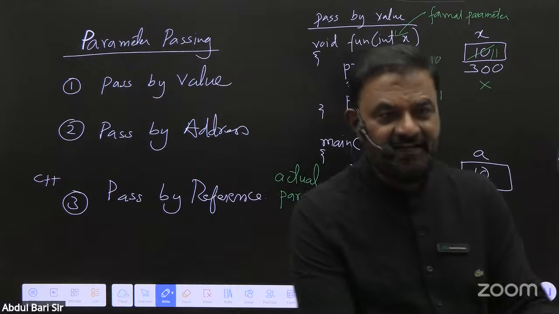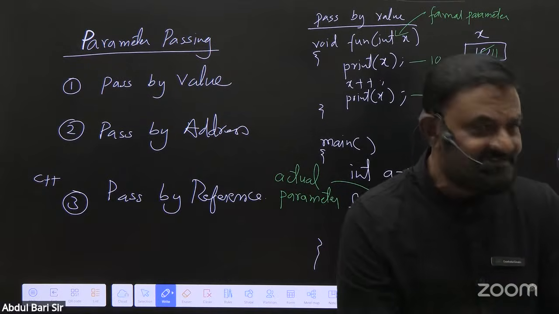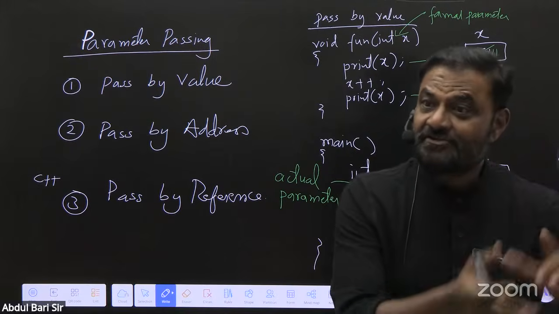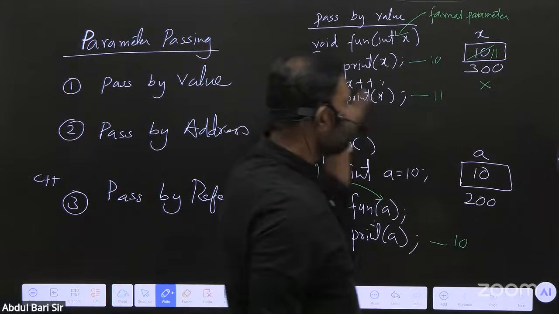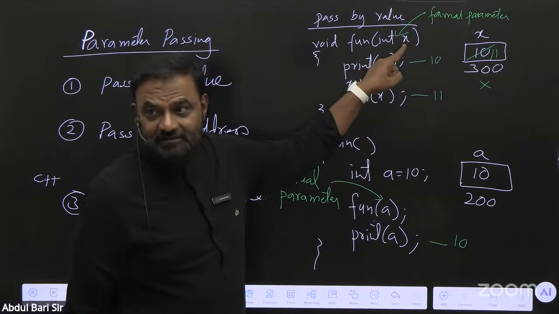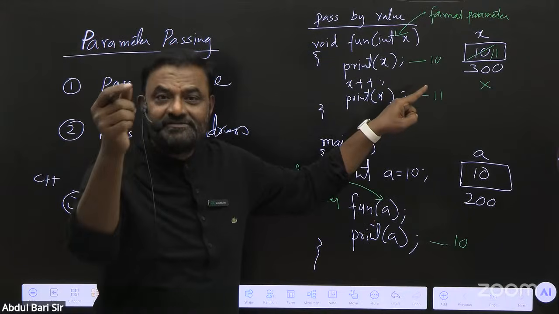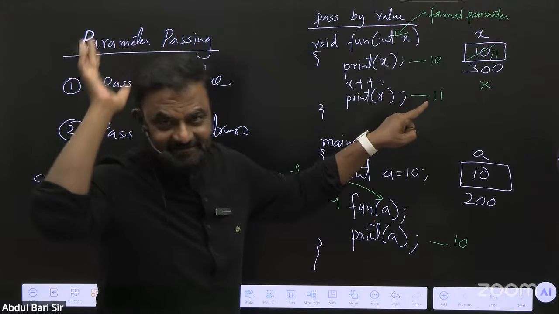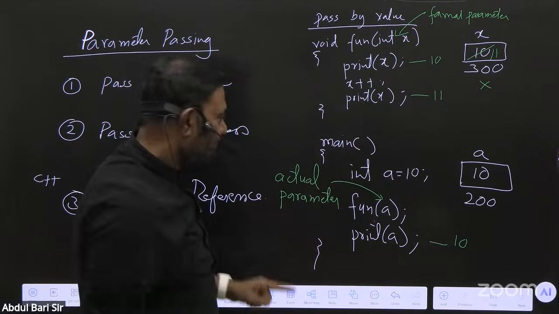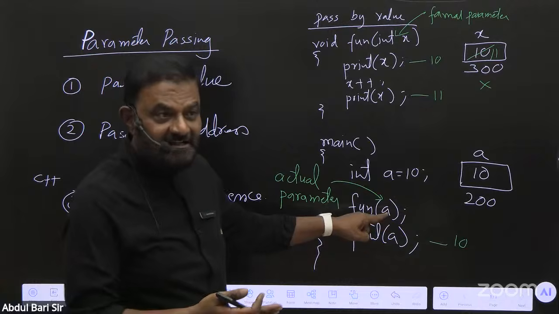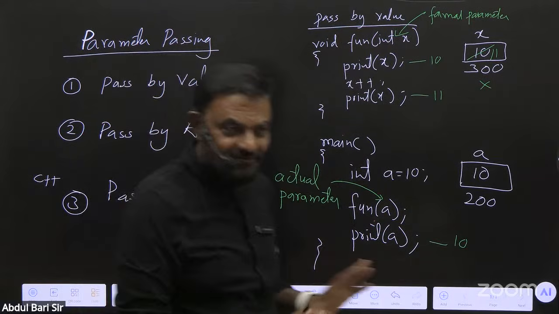These are the factors: our deal, our process, whatever it is, is based on these values. So the working of this function depends on that value. It's called a parameter. Understood? That's why we are using the word parameter here. From the dictionary, we have taken a word and are using it here. Now, this is also a parameter, but this is passed. This is taken. So we say this is the actual parameter and that is the formal parameter. Over.